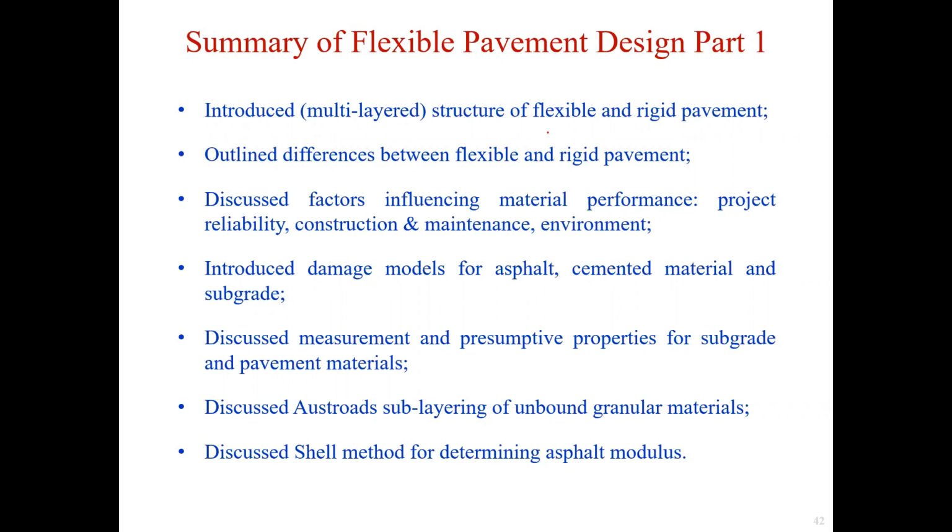The measured and presumptive properties for subgrade and pavement materials are discussed. We also learned the sublayering of unbound granular materials and the calculation of the vertical modulus. Finally, the Shell method for determining asphalt modulus is discussed and practiced.